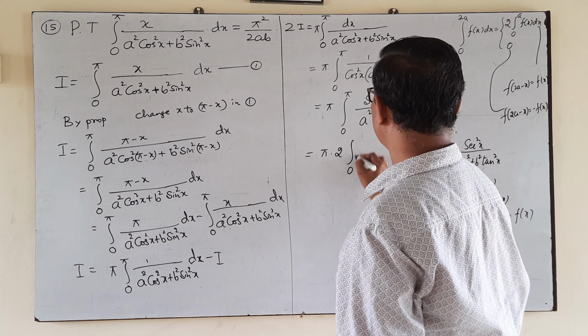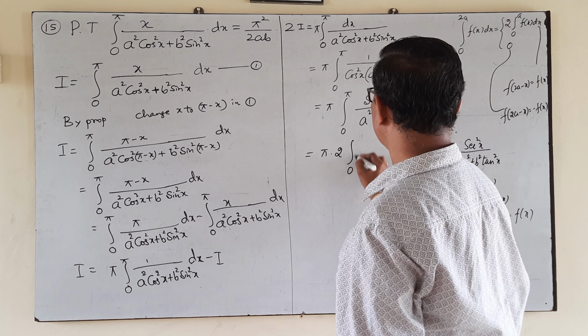How to make it standard form? Take b square common. So that is a square by b square plus t square. Now I is equal to pi into b square, constant taken outside, integral from 0 to infinity dt divided by a square by b square plus t square.